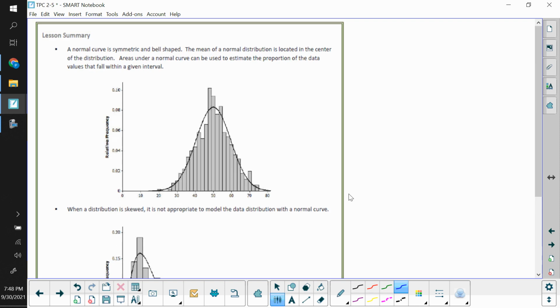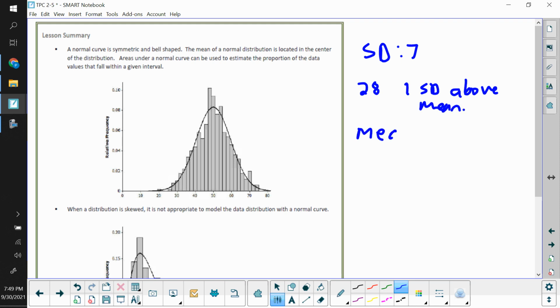And then the last thing I just want to mention, say that your standard deviation was 7. And then let's say that a data value of 28 was 1 standard deviation above the mean.